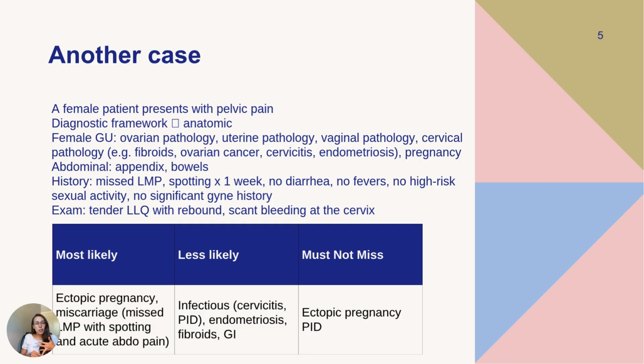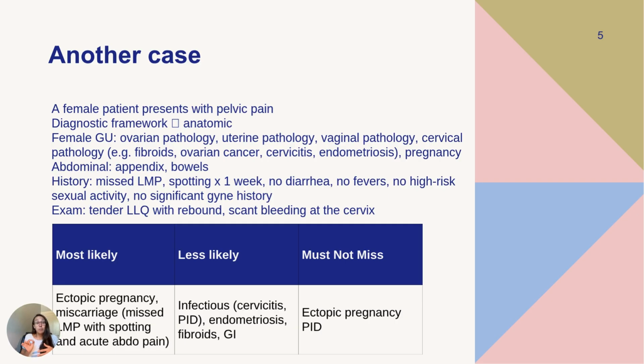Less likely infectious. I mean, there's no fevers, myalgias, low risk sexual activity, but you might be doing swabs, right, to rule out a cervicitis or a pelvic inflammatory disease because it's a must not miss diagnosis depending on the situation. Less likely endometriosis, fibroids, or GI related, again, with the history and the physical exam.